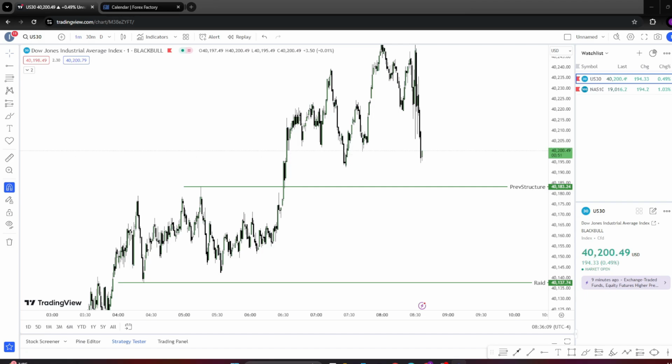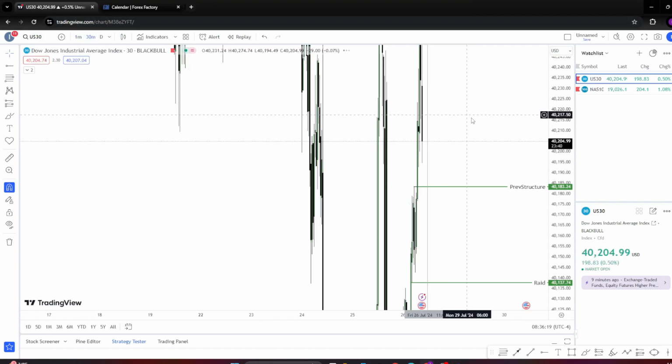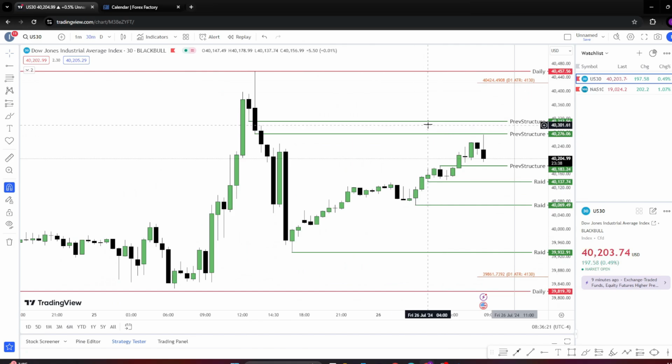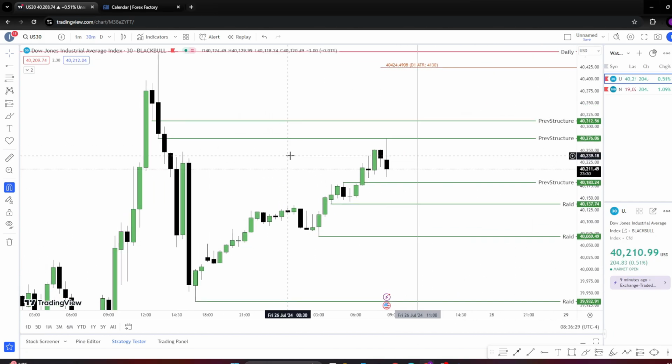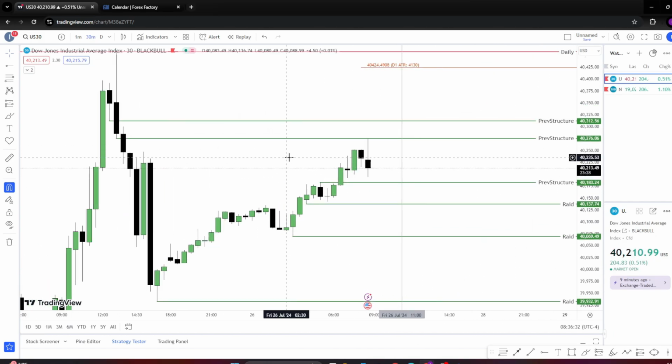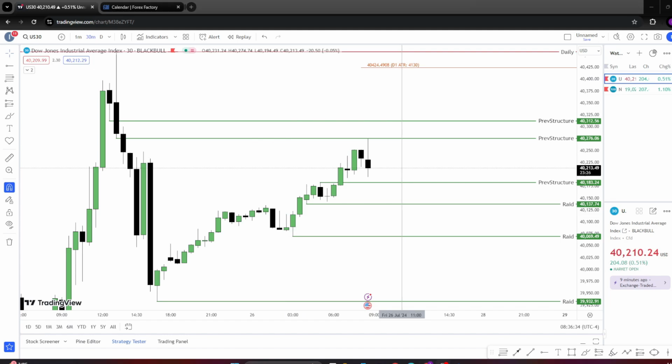Let's go to the 30 minutes. Let's make sure that this is done effectively. Let's go back to 30 minutes. So yeah, the market is slowly but surely making its way. Let's put this a bit to the side, and we're just going to be waiting for what we need to see.